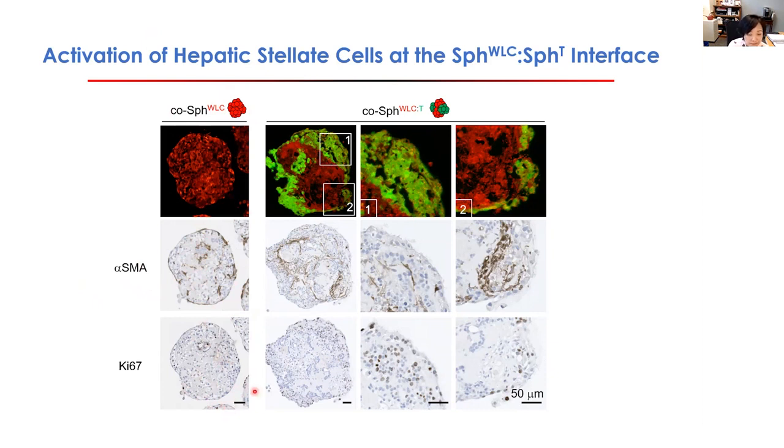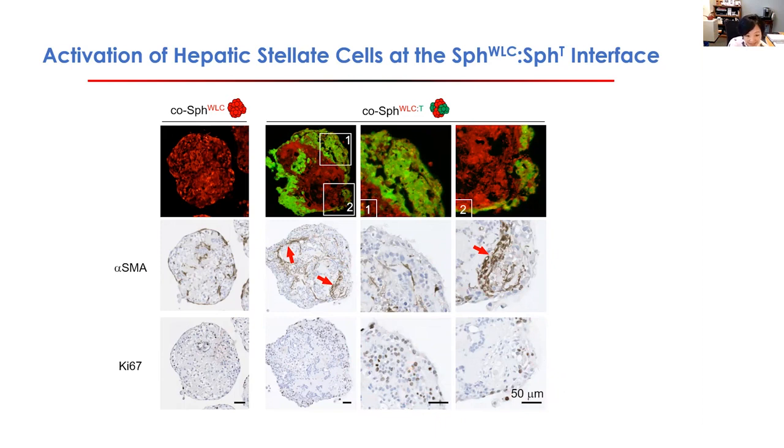And then in the co-spheroids that have WLC and tumor cells, I hope you notice that there is actually an accumulation of these activated hepatic stellate cells that express alpha-smooth muscle actin, exactly at this tumor-liver interface. And when we look at the proliferation rate of these tumor cells, those tumor cells that are next to this band of activated hepatic stellate cells indeed grow much less compared to those that don't have hepatic stellate cells around them.